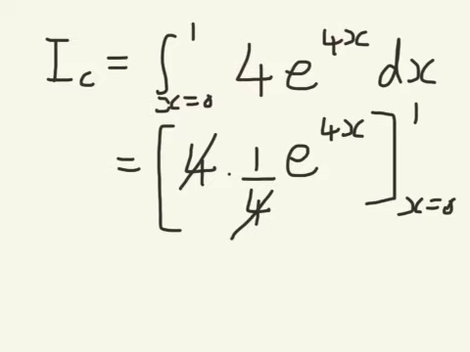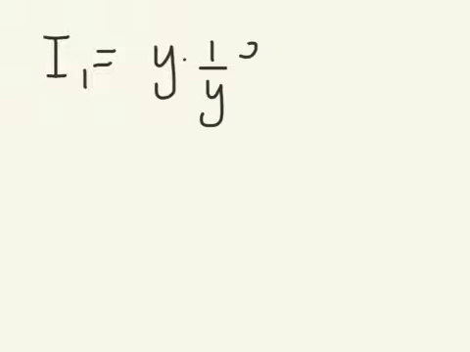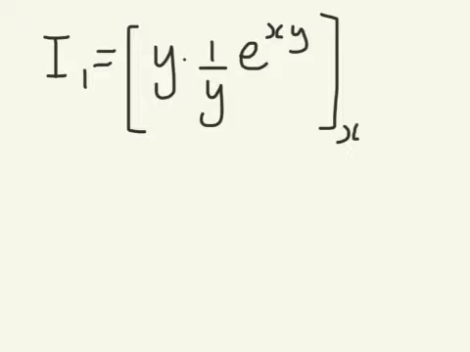Let's now go back and think about what happens in the general case when we've got I. So our I1, our inner integral, is going to be y times the integral of e to the xy, which is going to be 1 over y e to the xy, in the same way as we did when we had the 4. And we're still integrating between these limits of x equals 0 and x equals 1.